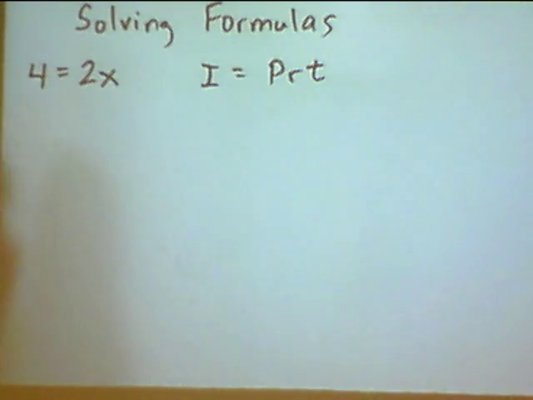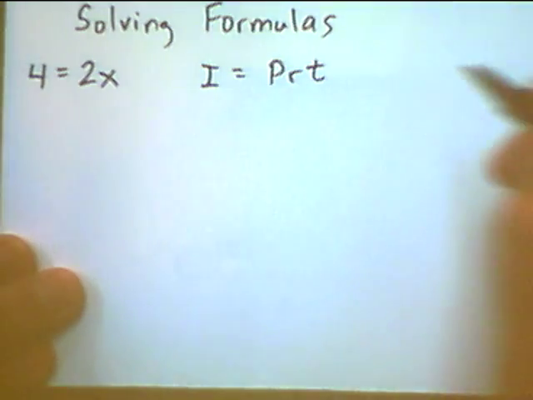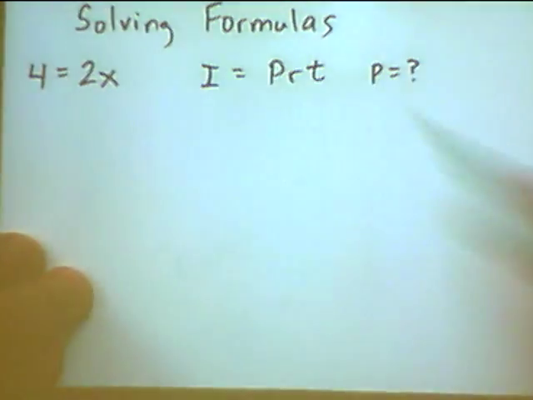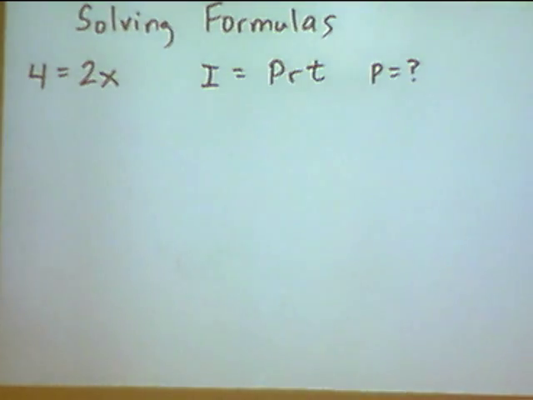or an equation with multiple variables, and now we want to take this equation and we're going to solve it for p, which means I want to take this equation I equals PRT and solve it for p, which means get p by itself on one side.